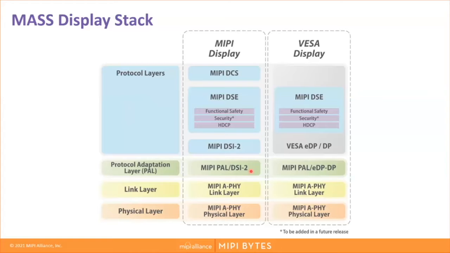Then the adaptation layer also translates the DSI-2 into an automotive format that can be viewed. The automotive format is then placed on the A-PHY link layer and then transferred to the physical layer. So you go down the stack when you're transmitting and up the stack when the display receives the information.